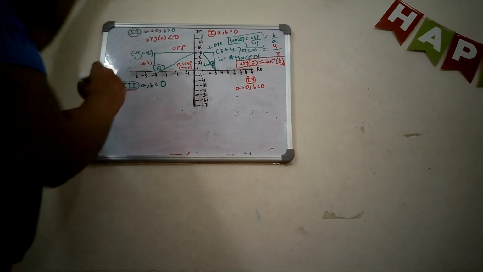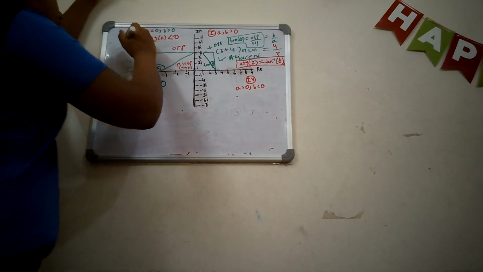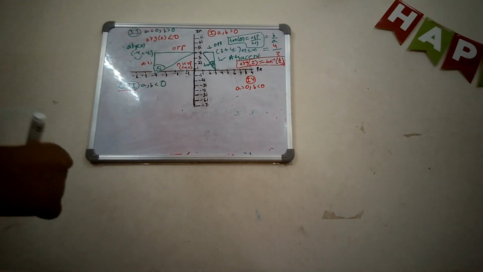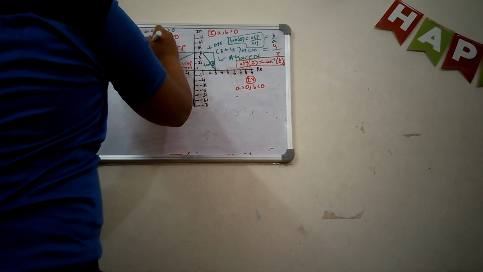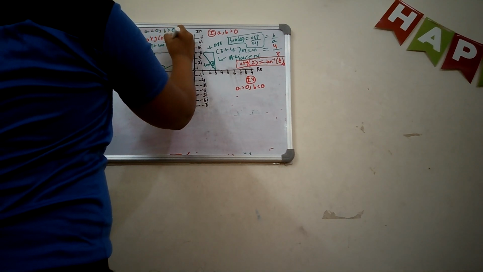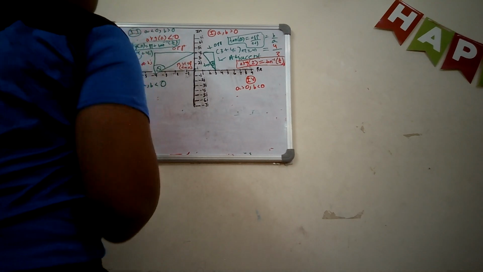We'll get that the argument will be pi plus tan to negative 1 of b over a. Okay? That's how we get it.